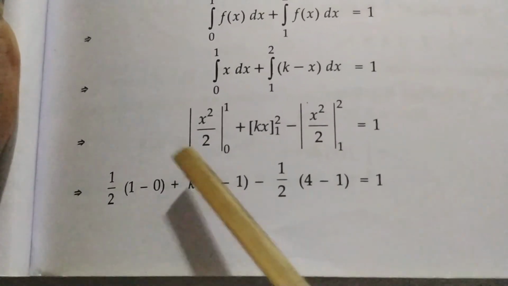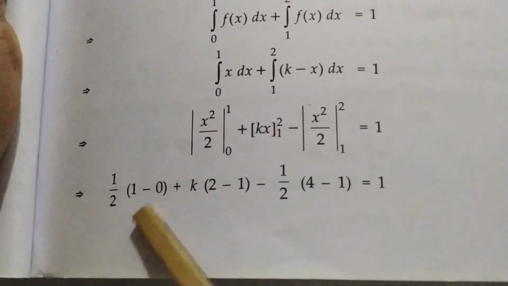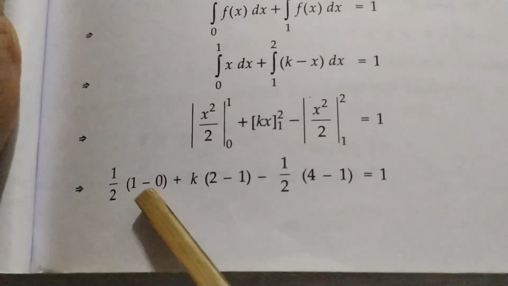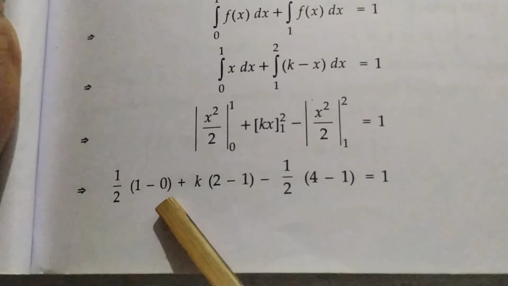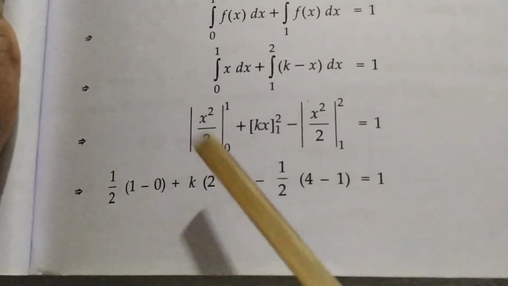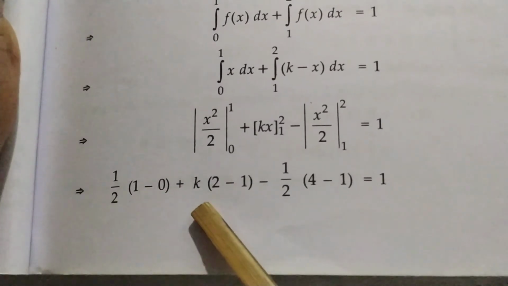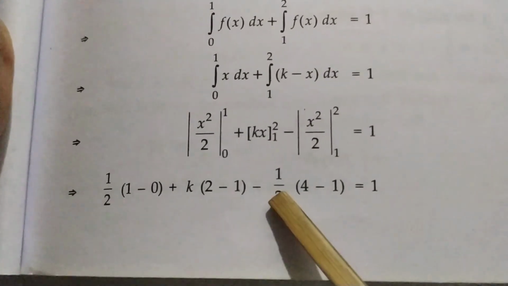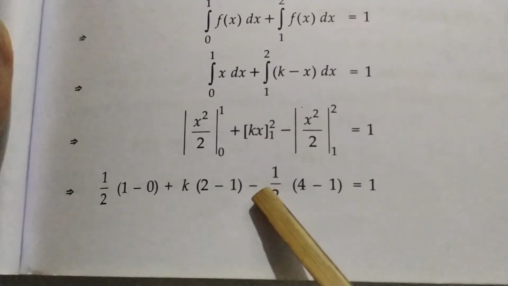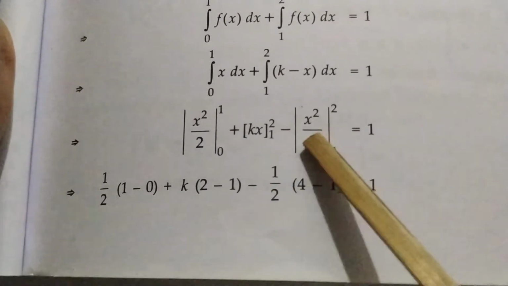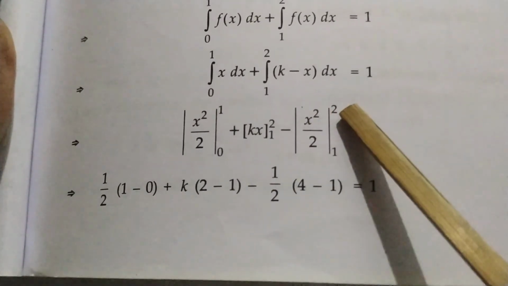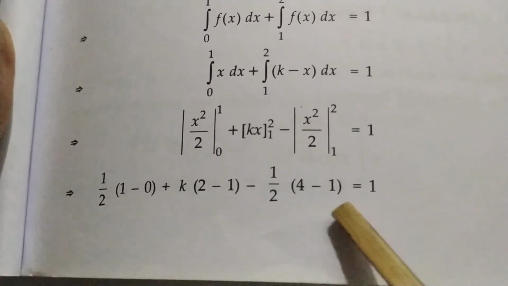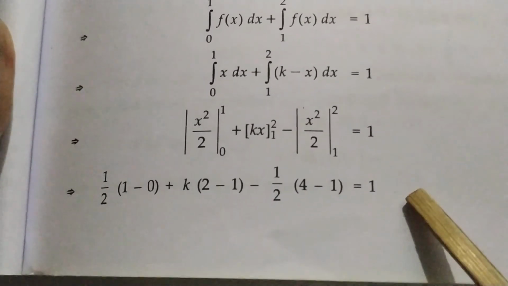Okay. So after putting in these limits, that means upper limit minus lower limit, if you take a half common you will get 1 minus 0. Plus k times upper limit minus lower limit, 2 minus 1, then minus half x square, where x is 2, so 2 square is 4, 4 minus 1, that means upper limit minus lower limit, so it is equal to 1.